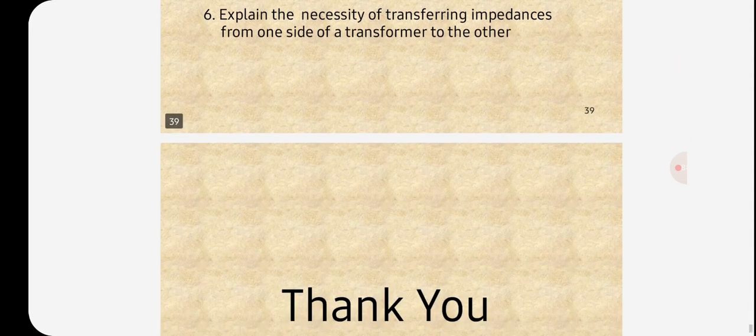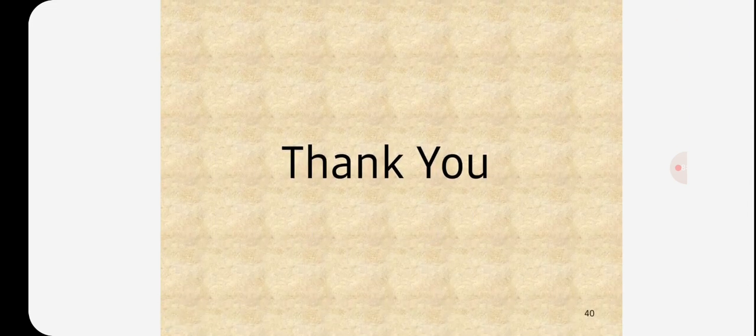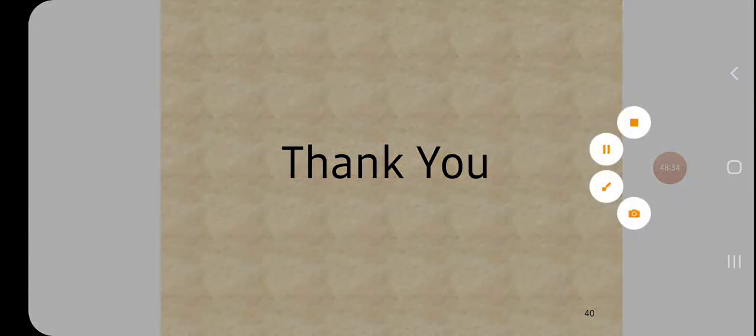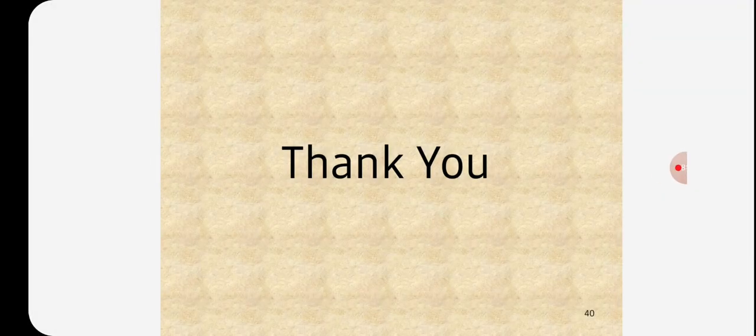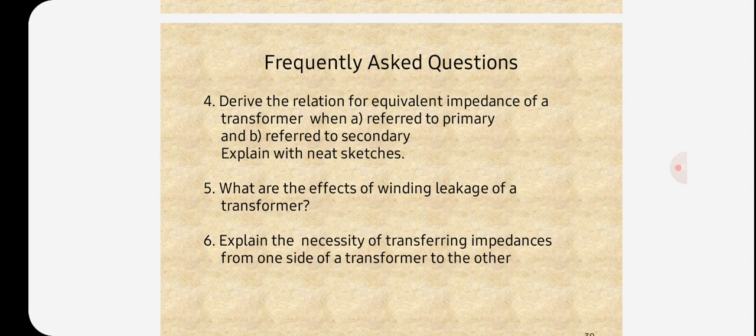So these are the few frequently asked questions, and in the next class we will go with the significance of air gap and equivalent circuit of a transformer, approximate or simplified equivalent circuit of a transformer, and approximate voltage drop in transformer, and also we will learn about voltage regulation of a transformer and voltage regulations for unity, lagging and leading power factors.